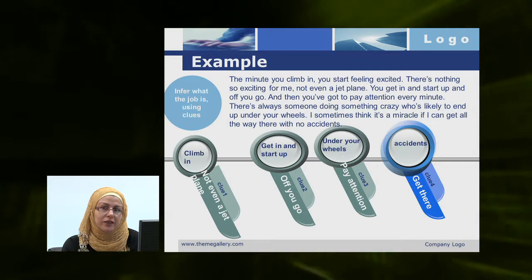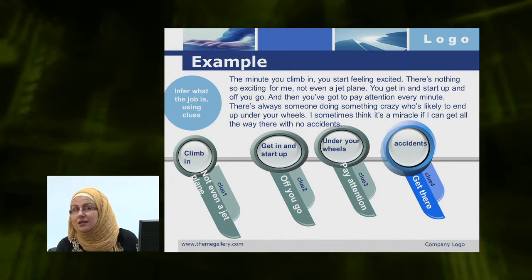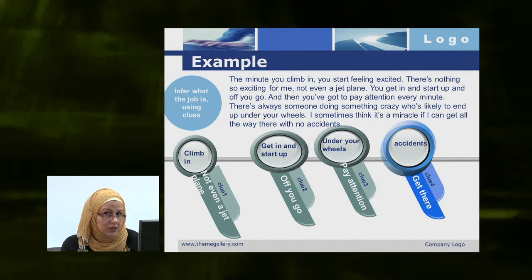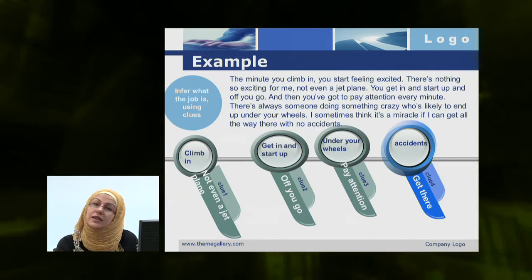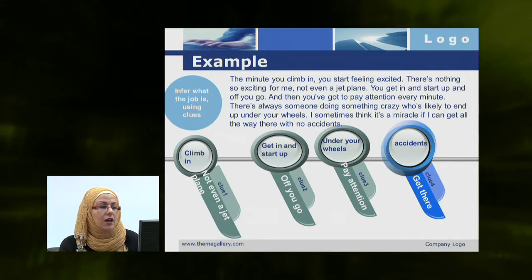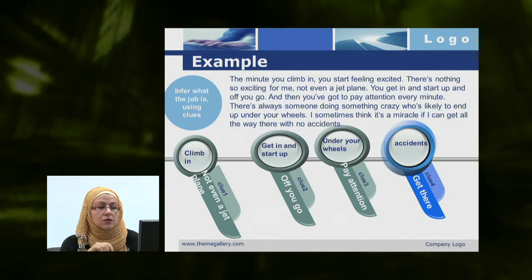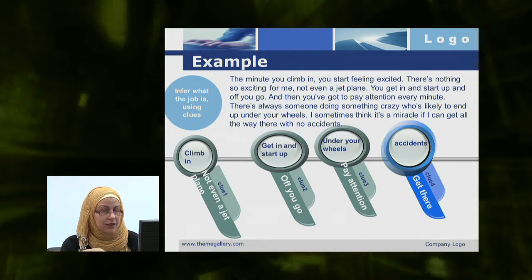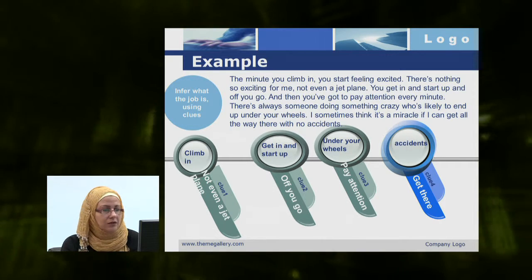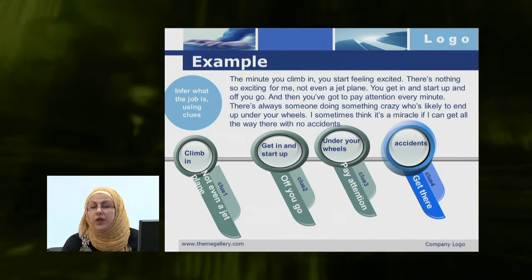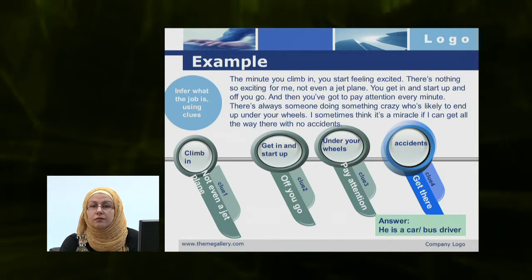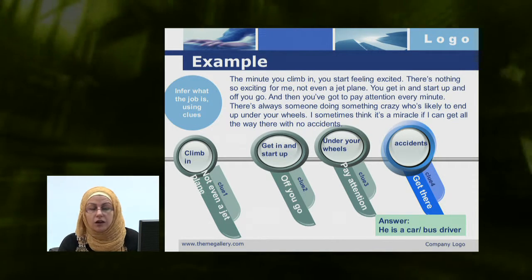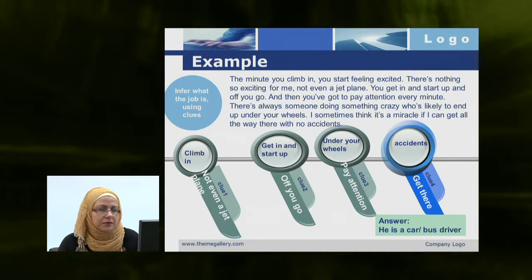So what he's doing has a risk of accidents, shows some movement, has wheels, requires paying attention. It needs to start up to get in, climb in, and it is compared to a jet plane. I think he's obviously a car or a bus driver.